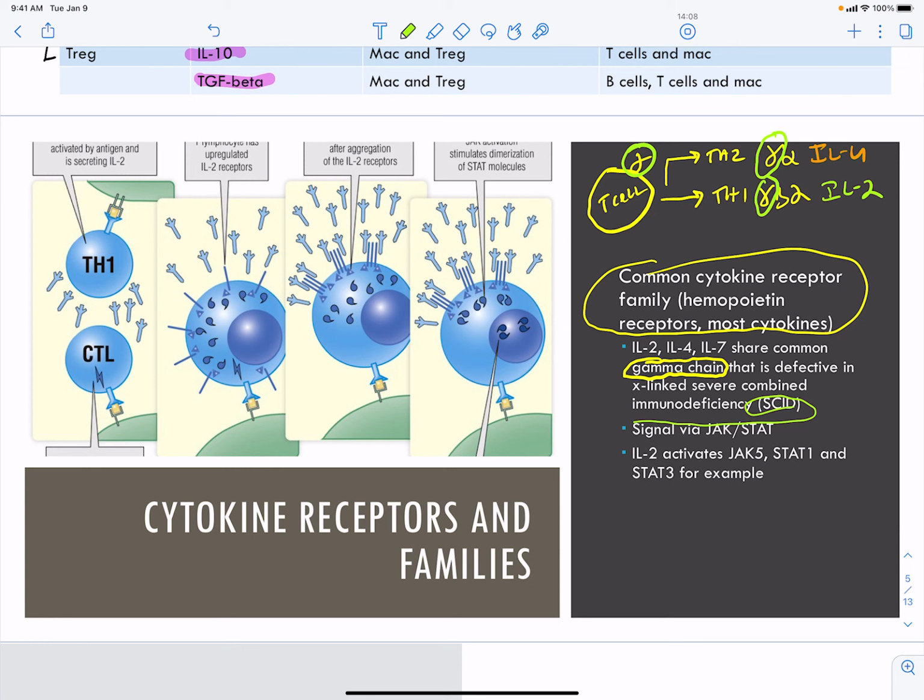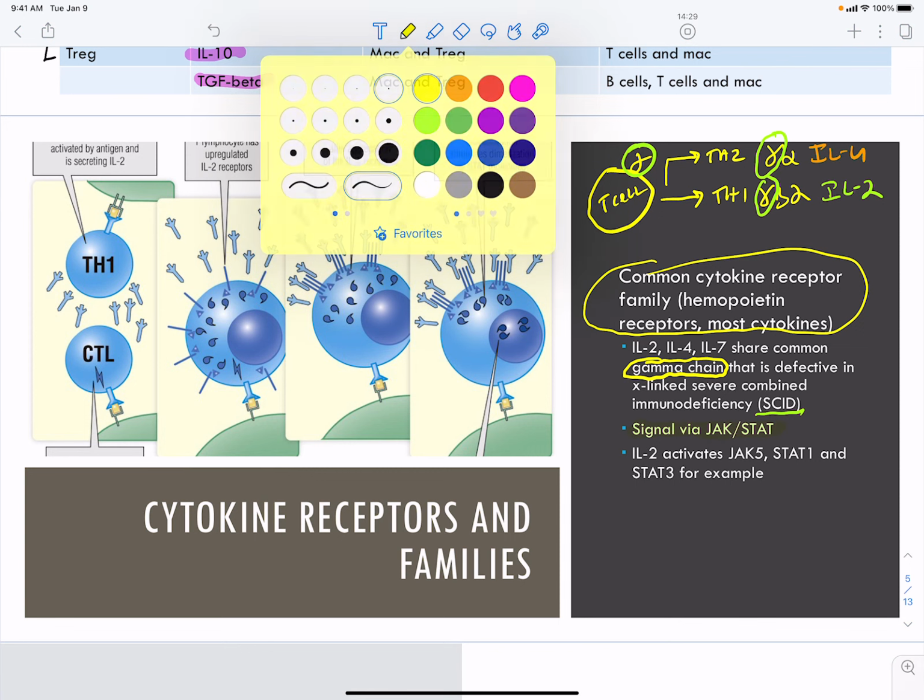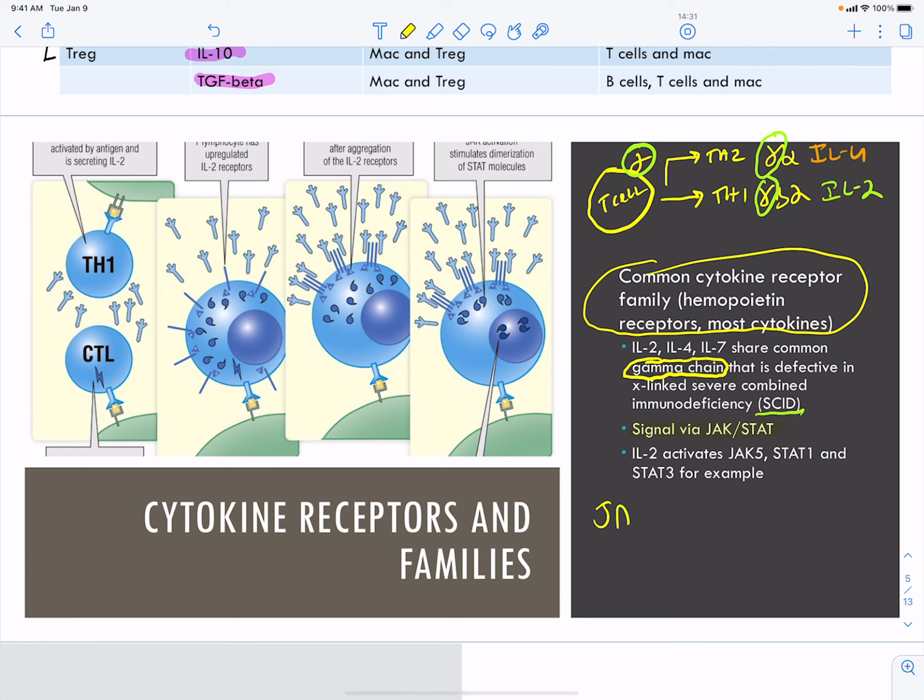Now, the common cytokine chains, another thing to point out is that they are going to use that JAK-STAT signaling. They use JAK-STAT. So remember, JAK-STAT is the Janus kinase signaling system.